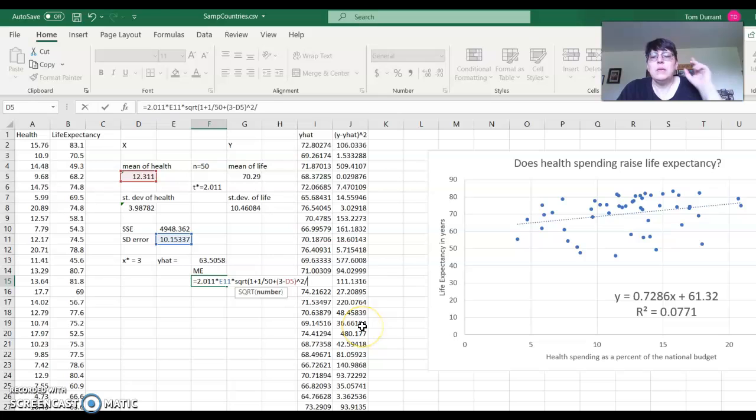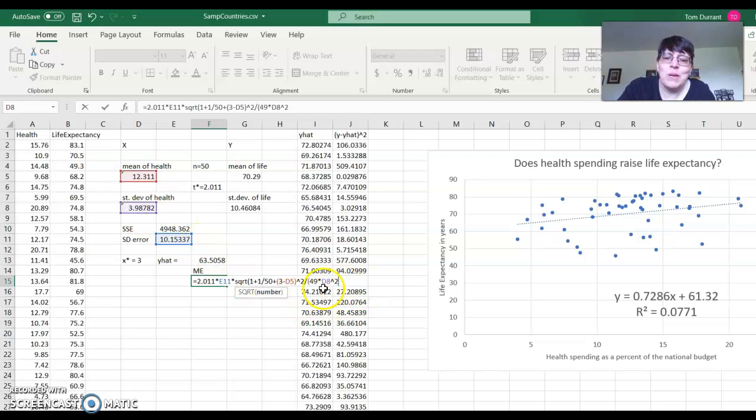I have to put in parentheses so that Excel keeps the multiplication problem on the bottom. So 49 times the standard deviation squared.